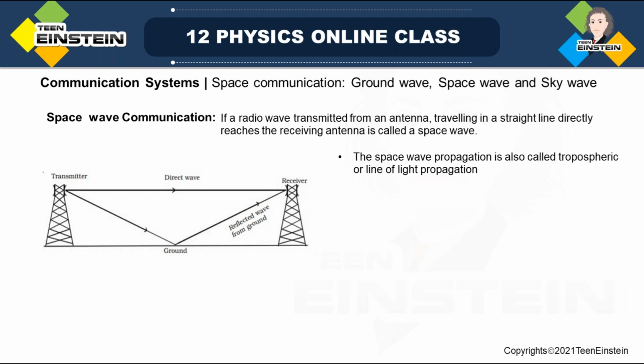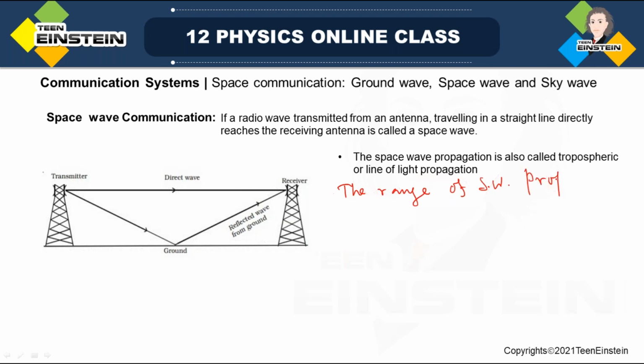The space wave propagation is also called tropospheric or line of sight propagation. Okay, now we learn that the range of space wave propagation is limited. So you will learn a few points over here. I write SW for space wave.